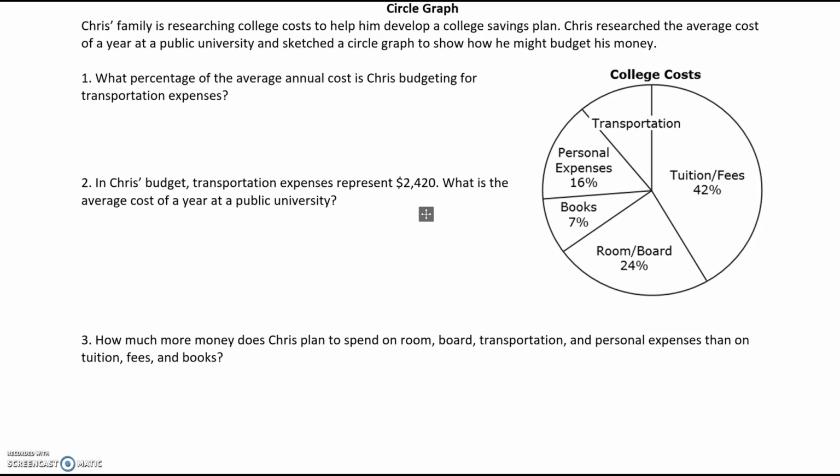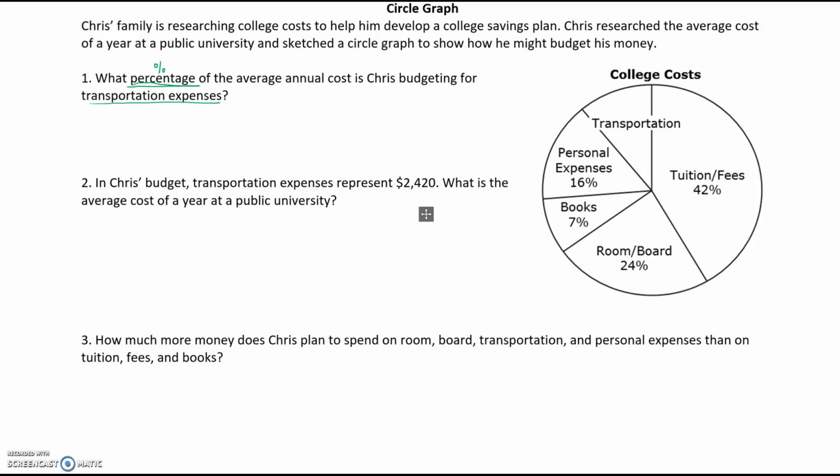What percentage of the average annual cost did he budget for transportation? So we're looking for the percent, right? We want to know the percent of transportation.